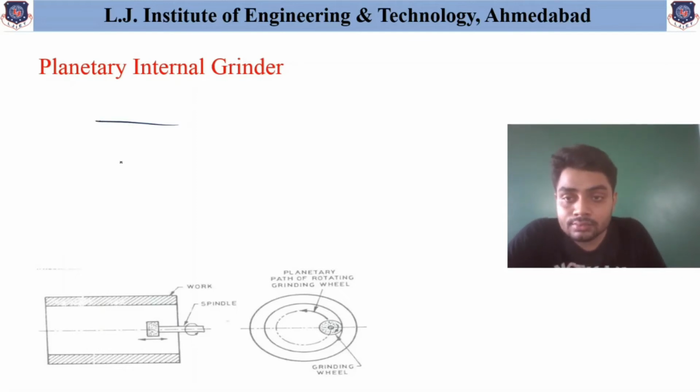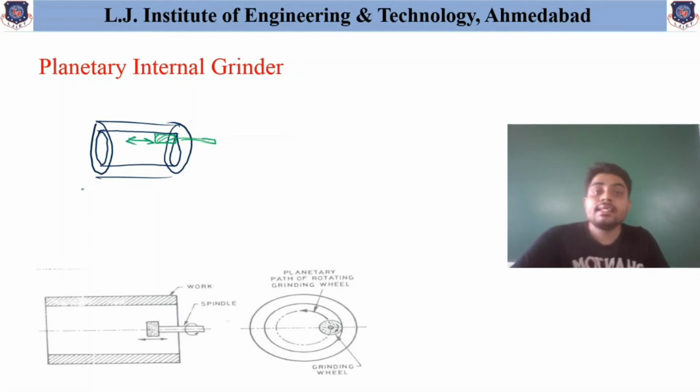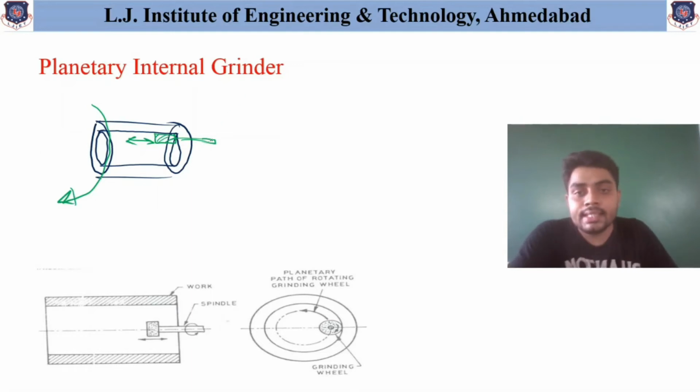As we have seen, in the case of a hollow cylindrical workpiece, the grinding wheel is fed inside and outside and the workpiece is rotating. This is the case of the plain internal grinder, as we have discussed.